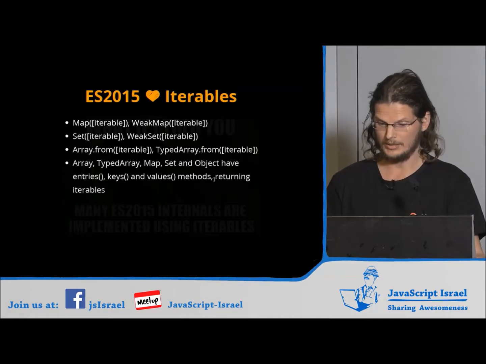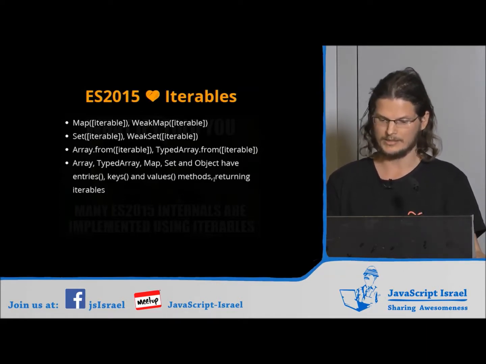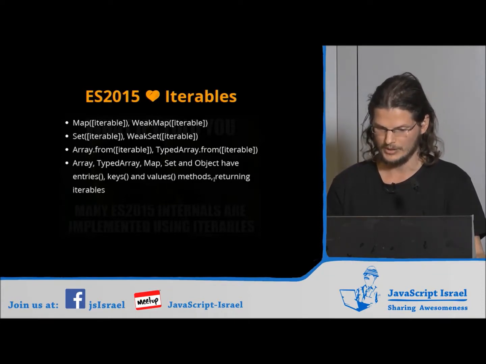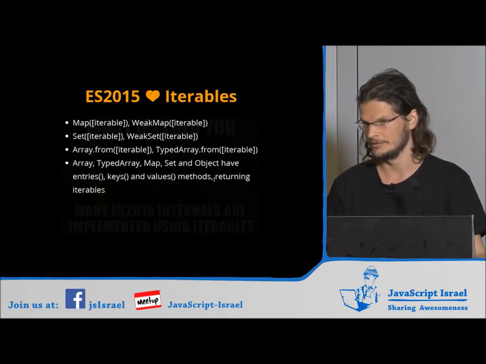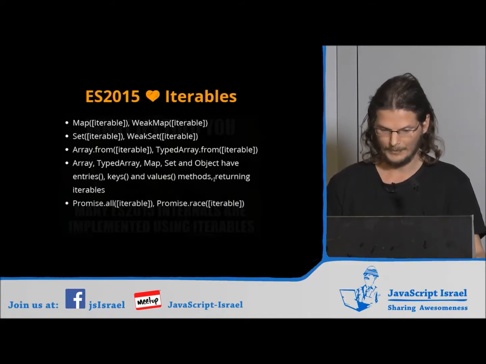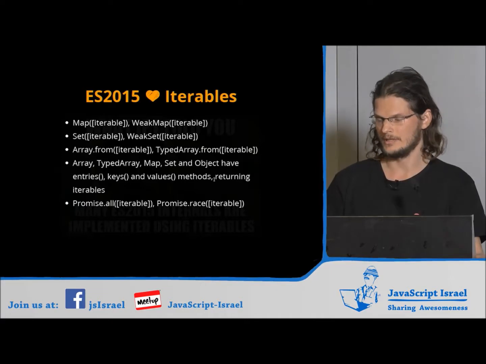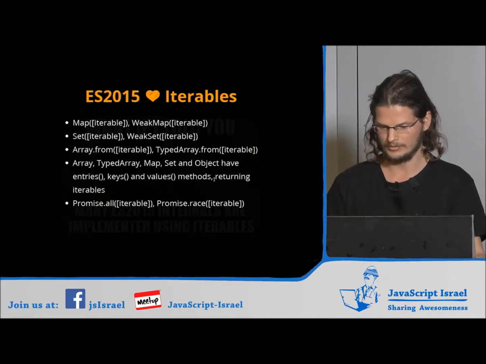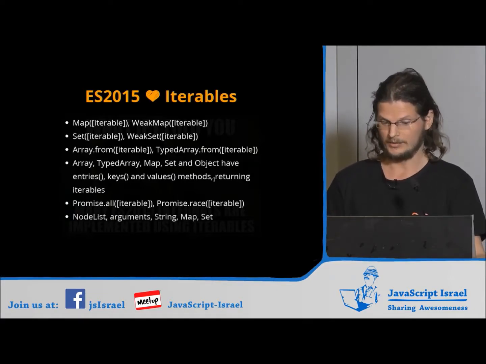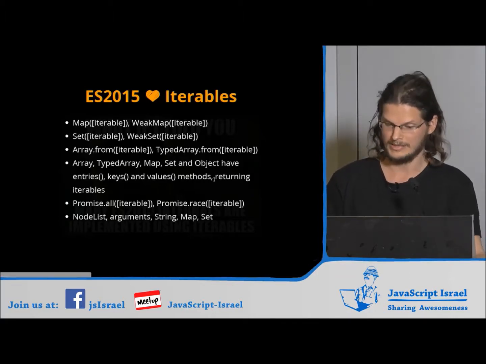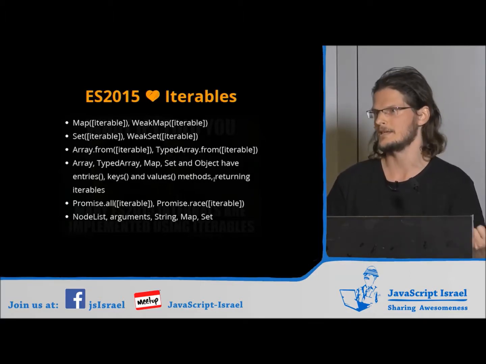Array, typed arrays, maps, sets, and objects all have new methods called entries, keys, and values, which all return iterables, so we can iterate them. Promise all and promise race also accept iterables. And as I mentioned earlier, node list, arguments, string, map, and set are iterables themselves.